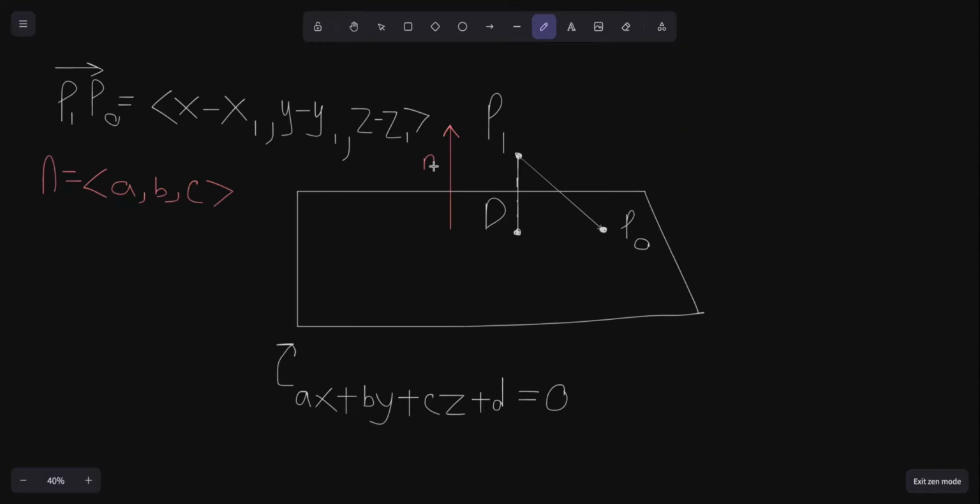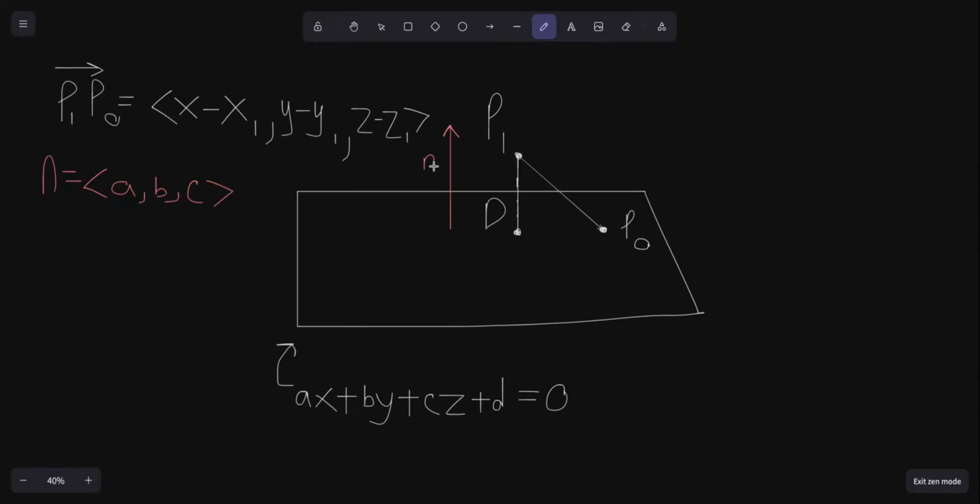So I have this vector here, and I have this normal vector. So how can I find this distance? So how can I get d? Well, remember your fancy linear algebra operations. If I take the projection of this vector onto the normal vector, then what do I get?